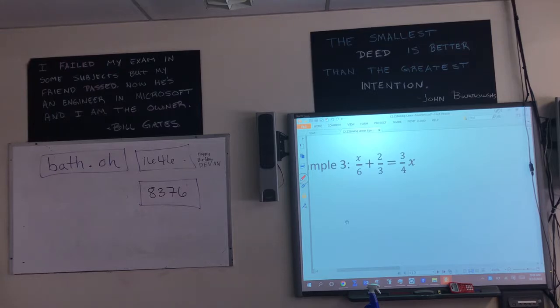It's just that your coefficients are going to be 6 times bigger than they need to be. The way I do it is I find that LCD. Learning this with just real numbers right now makes it a lot easier to connect the dots when we start multiplying by variable expressions as LCDs. But I'm going to multiply by 12.